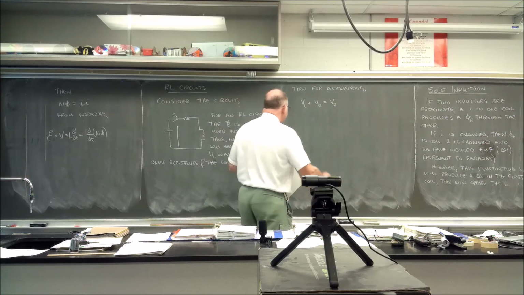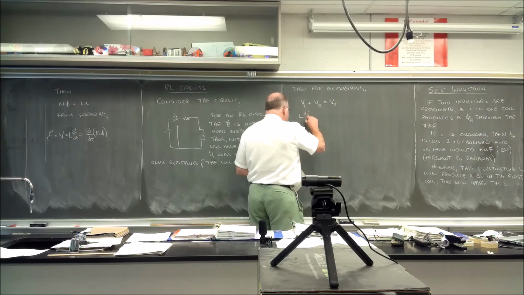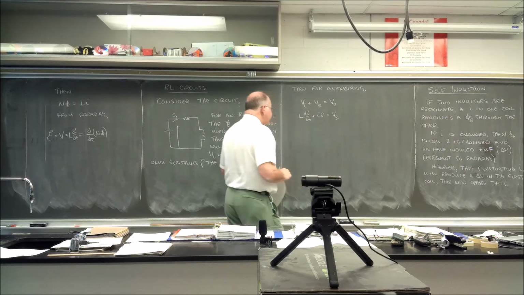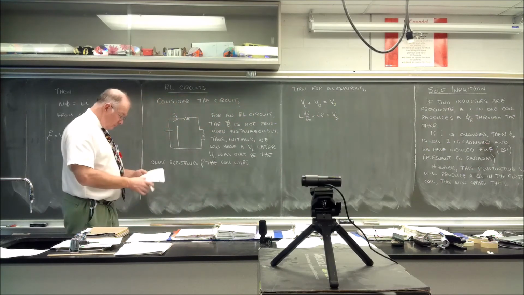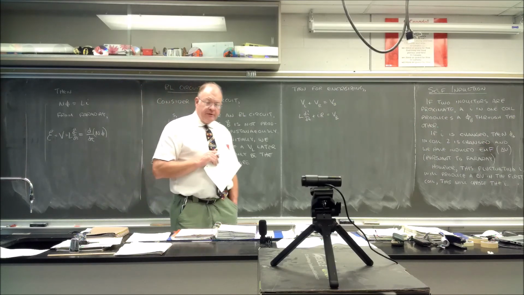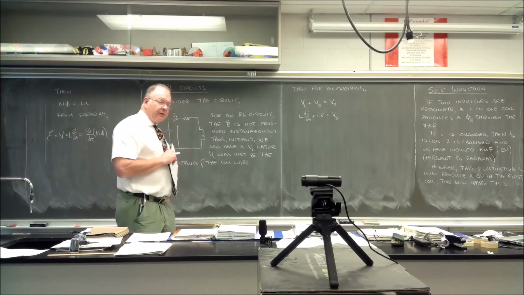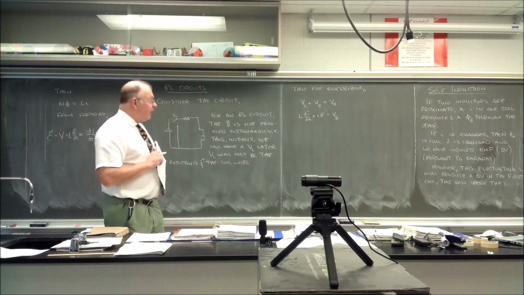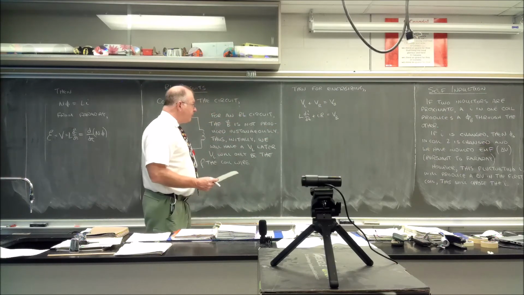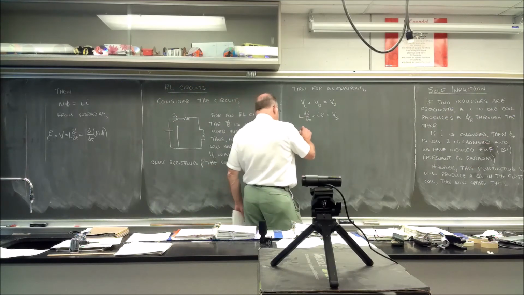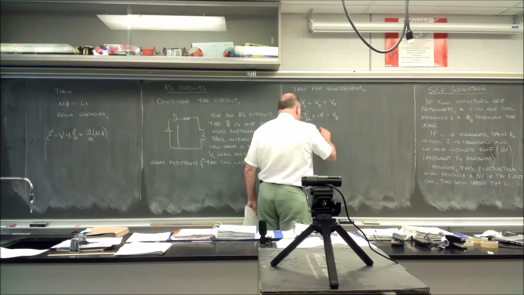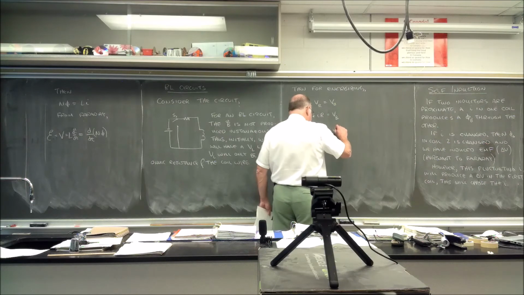V sub L is L di/dt, plus IR equals V sub B. In this case, we're going to look for the current directly, whereas in the capacitor, we looked for charge and then had to take a derivative later. Here we can deal with the differential equation for current alone, and we end up with di/dt plus IR over L equals V sub B over L.